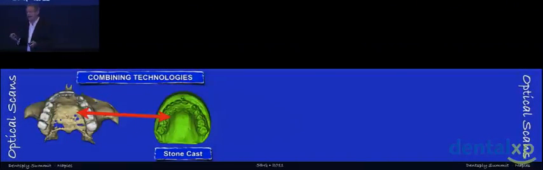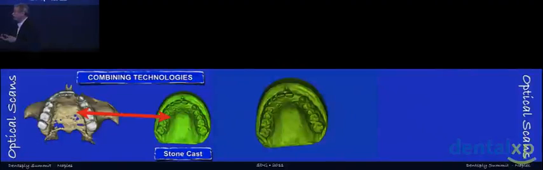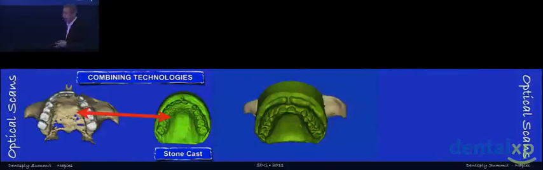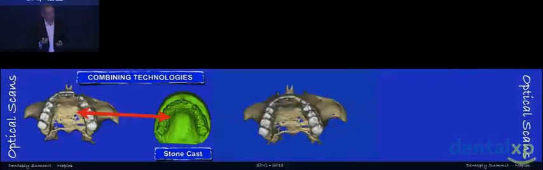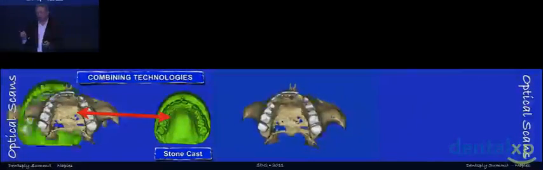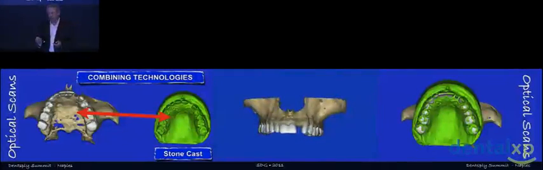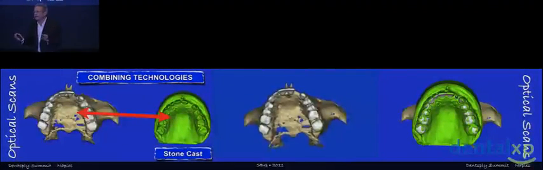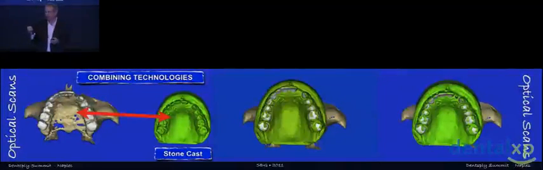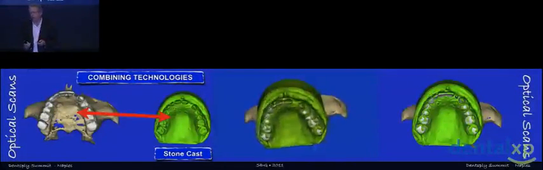And if we can take that information then and put it together so that we can, in fact, be able to have the best of both digital worlds, the cone beam CT world and the optical scan world of the tooth position, then we have the best of everything to be able to minimize the complications or the inaccuracies that also Marcus had pointed out as well.